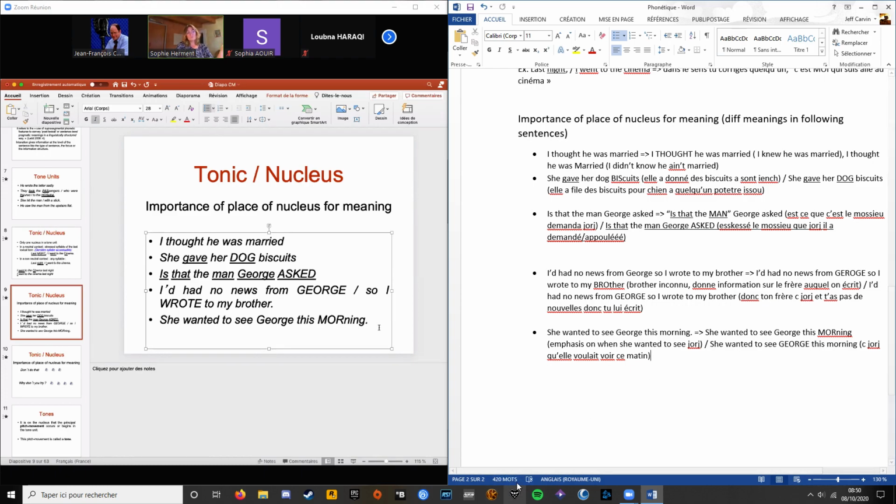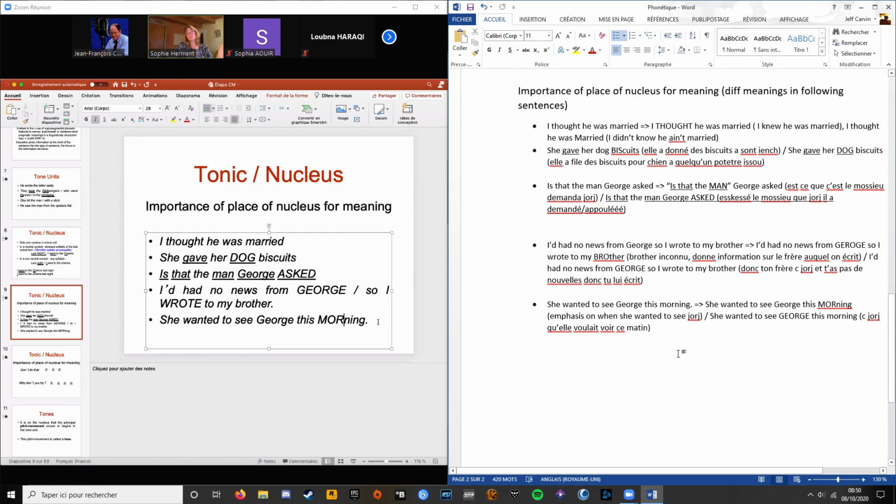If it's not already known, if everything is new, then in French you'd say elle voulait voir Georges ce matin. So the two elements, George and morning, and this morning, are new. Okay. But since you can only have one nucleus, it's the last one.